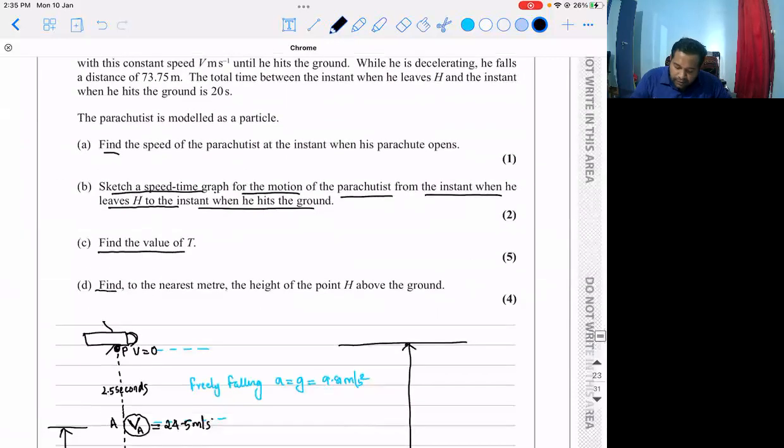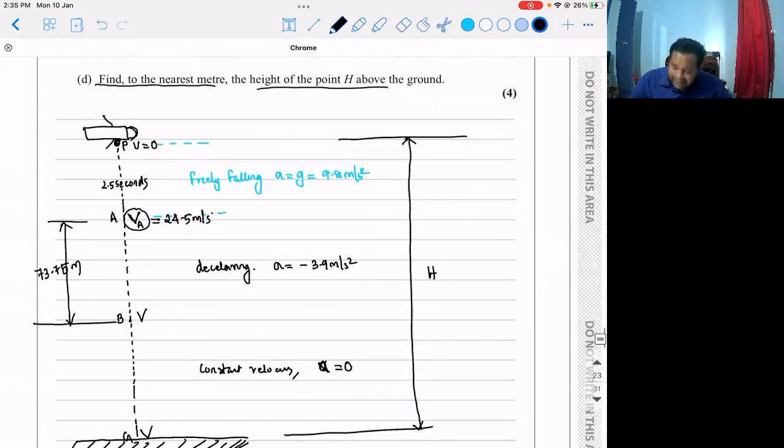Now, find to the nearest meters the height of the point H above the ground. So that means we are in a position to find the total height. So this total height, we can split it as a section from A to B, and B to H, B to G, I mean, that is ground.